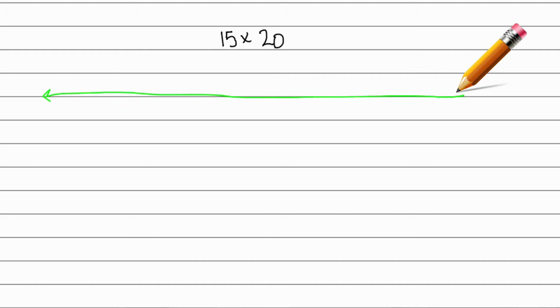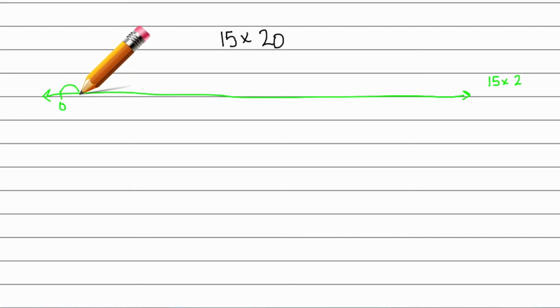So let's think of a new problem here. How about 15 times 20? I'm going to draw a number line here the best I can. And instead of thinking of 15 times 20, I'm going to think about 15 times 2, just as an example, to show you guys. Let's say I started at 0, and I was going to count by 2's 15 times, skip counting.